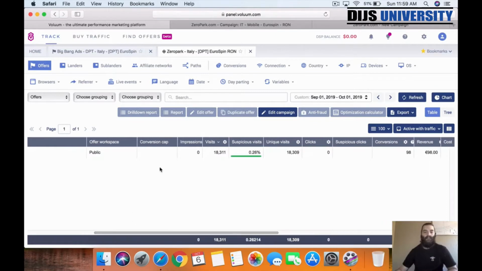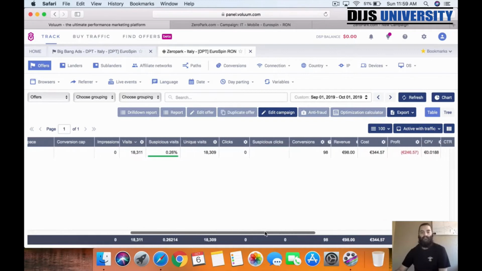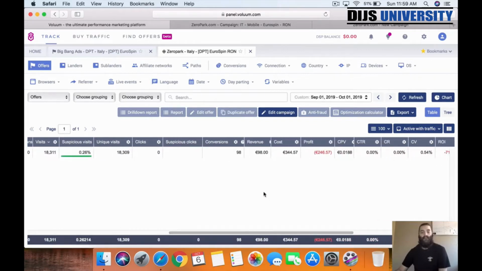Overall it looks like we did send around 18,000 visits. The suspicious visits were pretty low, so that's pretty good. Again, how many were unique? And during this period, we did get 98 conversions, revenue of $98. We spent quite a bit at $344.